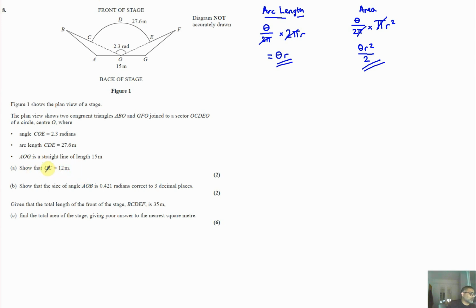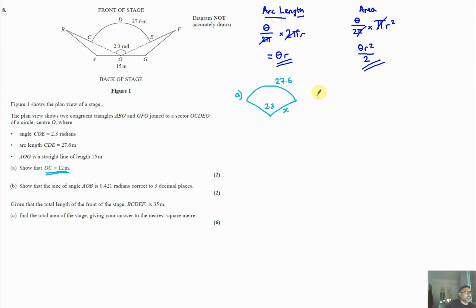So first of all, show that OC is 12 meters. So OC from there to there, and what you're going to be looking at is that sector there. For part A, I'm just going to make a quick copy of that sector, where that's 2.3 radians. We know the arc length is 27.6, and what we're trying to work out is the radius of this sector.